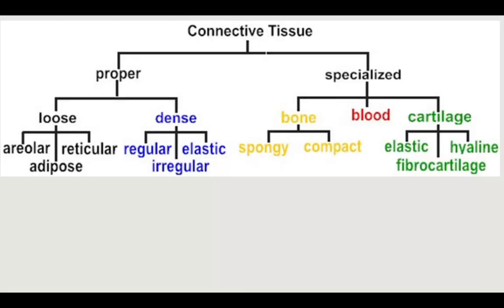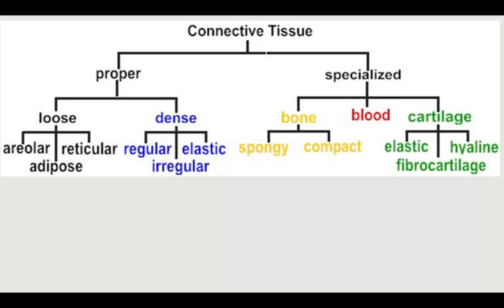So the remaining types of connective tissue fall under the category of mature connective tissue. So remember, there were two categories, embryonic and mature. The previous two that we just talked about, those were embryonic. We're all done with them. Moving forward, now we're looking at mature connective tissue.